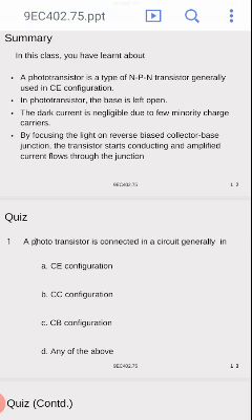Just now we discussed that generally phototransistor is connected in CE configuration. Hence, for this question, option A is the right answer.